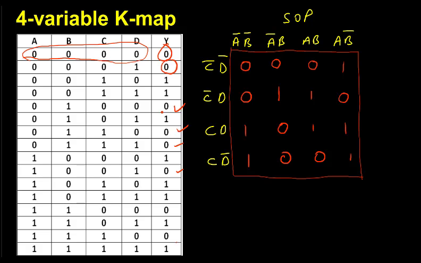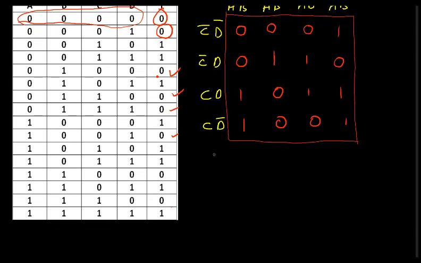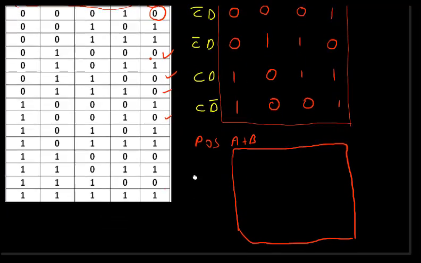Now this was SOP. For the POS K-map, I will write it here. First we have A or B. Whatever we have here, we take the opposite of that.